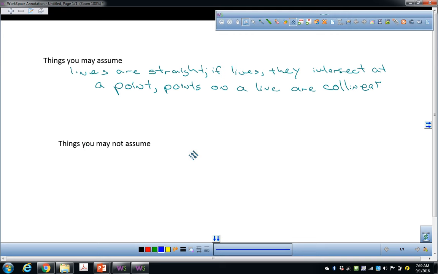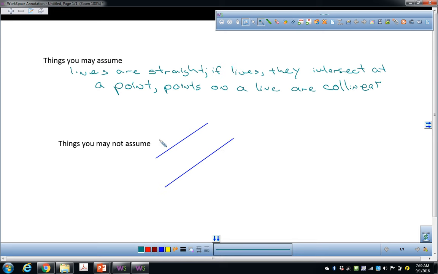Okay? So if you look at these two lines, what appears to be true about those lines? They look parallel, but you can't assume they're parallel unless they actually mark them up or they say these lines are parallel.